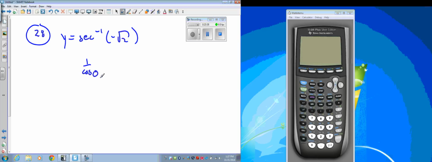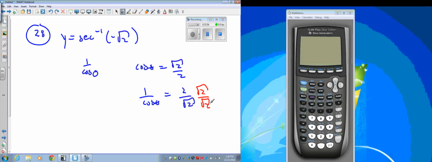So if the cosine is the square root of 2 over 2, and you invert this, and you rationalize the denominator, then what you get is 2 square root of 2 over 2, and these cancel.